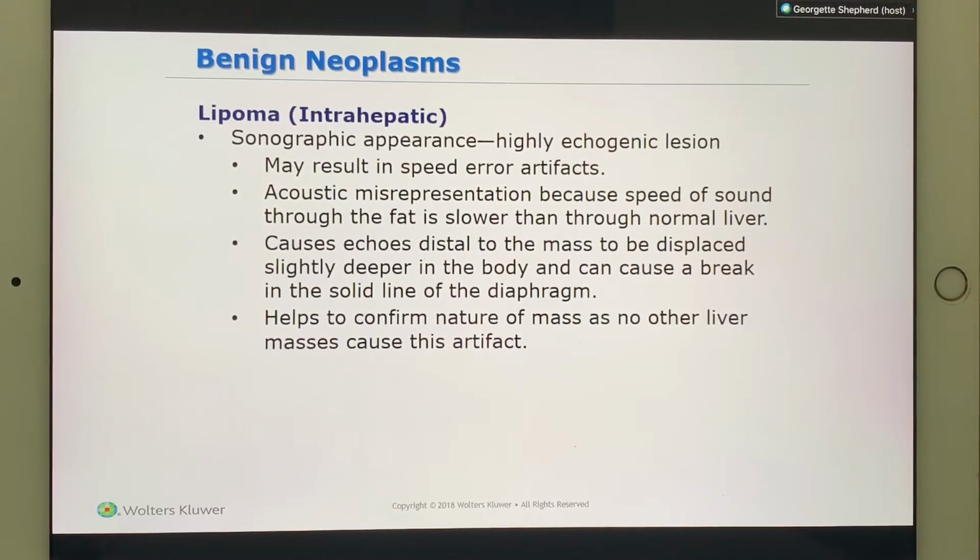Because of physics. No other liver mass can cause this speed error artifact, and so that's our definitive diagnosis.